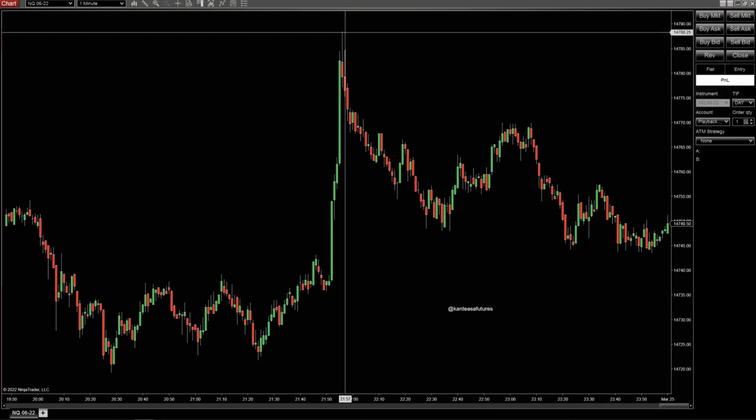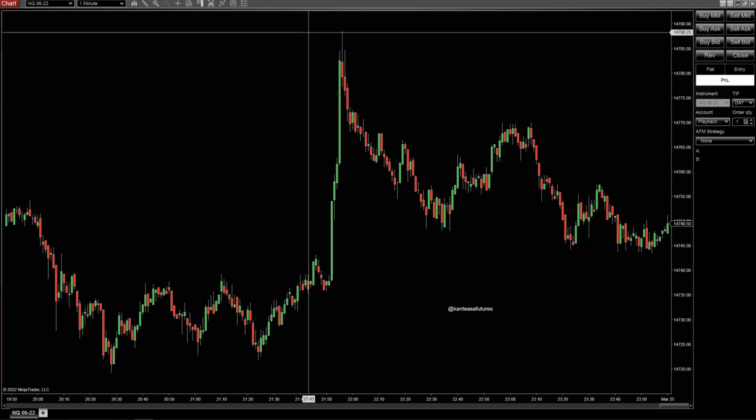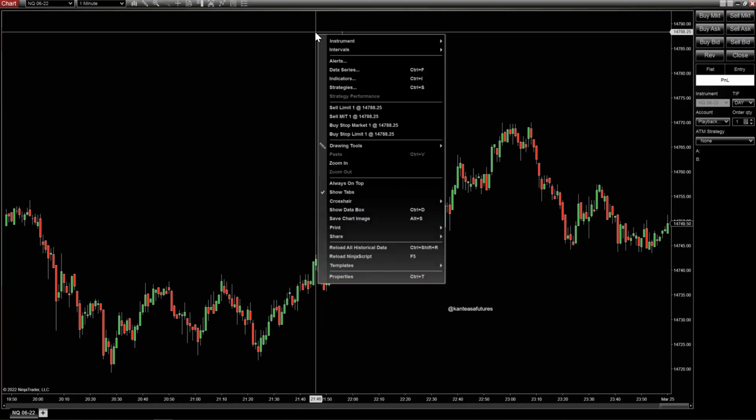If I wanted to sell when it was up here, I can place my crosshairs and right click, and I can click sell limit, and I can click sell MIT, market if touched. Again, the limit is the minimum and maximum hard and fast numbers you are willing to complete the transaction, whereas market orders tend to have a higher chance of being executed.